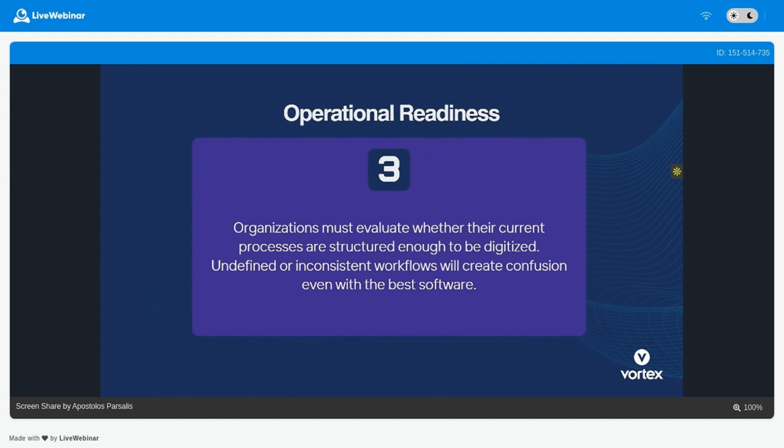And then many times organizations say that the software is the problem. We didn't buy the correct software, so we must consider another kind of software or another kind of solution, but the problem wasn't there. The problem from the beginning was that the processes were unclear.